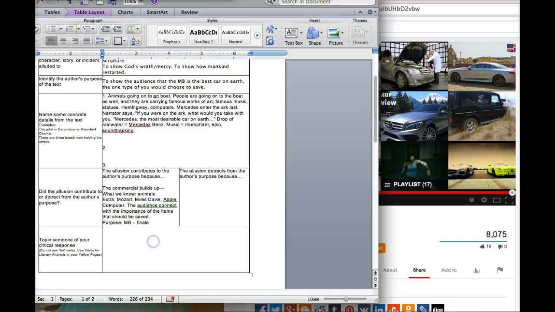And then the topic sentence, okay, we're not using to be verbs, we're using our really strong statement. So the commercial, we're going to start really small and then we can build it up later. But the commercial, using an allusion to the destruction of the world and Noah's Ark.